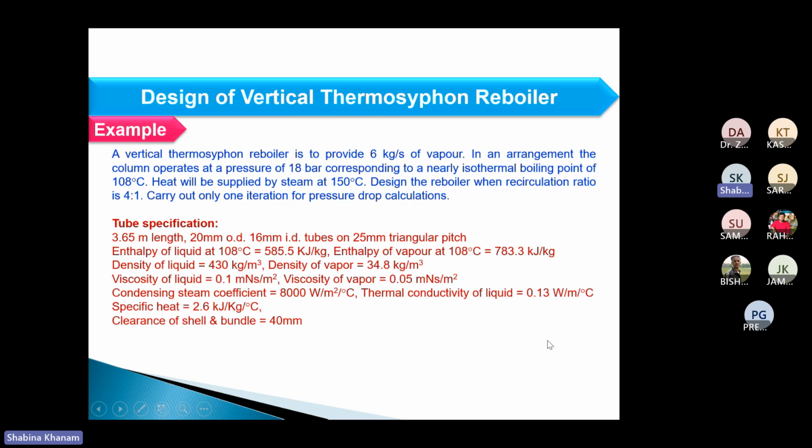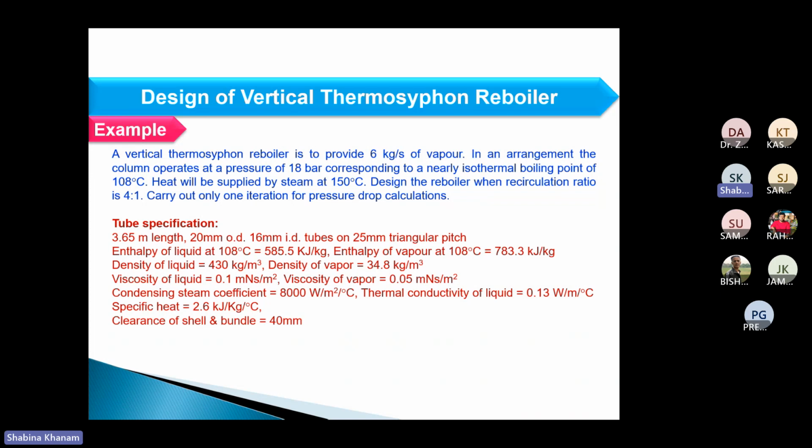In the thermosiphon reboiler, we discussed the steps involved. When we consider the design of a vertically placed thermosiphon reboiler, the design procedure is a little bit different. We start with the maximum heat flux, and then proceed to the recirculation ratio.